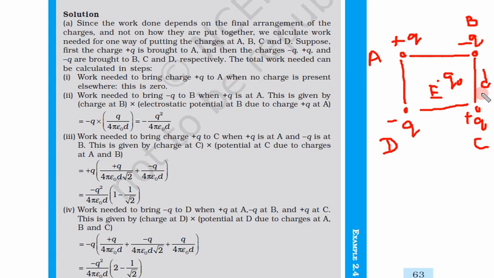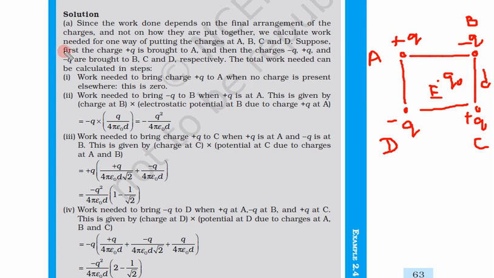If we bring C first, then B, then D, A, it does not matter. It matters only on the final arrangement. Final arrangement is a square with side d. So this charge is positive q, this is negative, this is again positive, this is negative. So work done depends only on the final arrangement, which is a square.